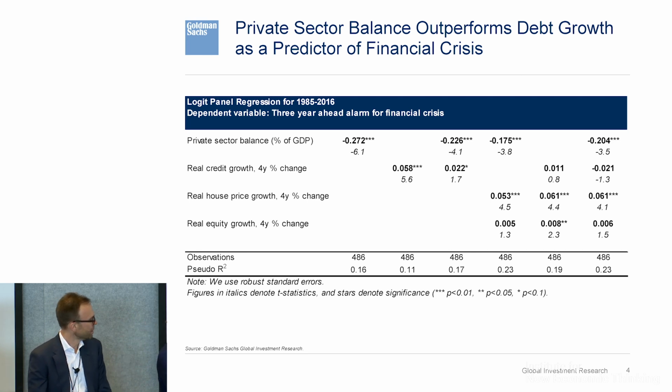And in general, private sector balance seems to be a bit better. Effectively, if you look at the third column of coefficients, it seems to knock out real credit growth. And again, we found that for a few permutations of credit growth.